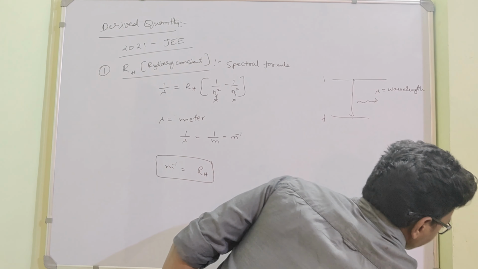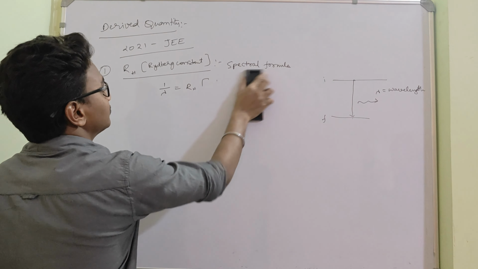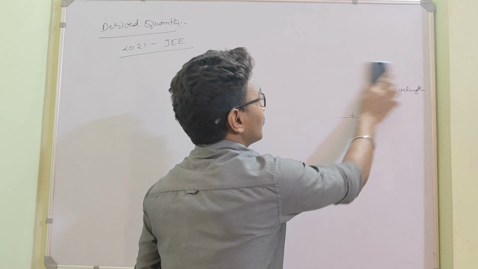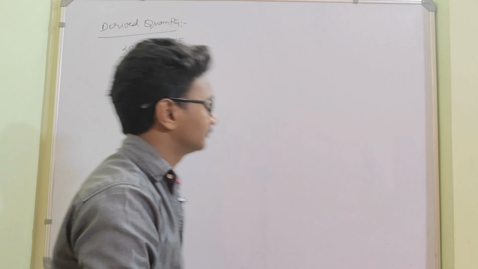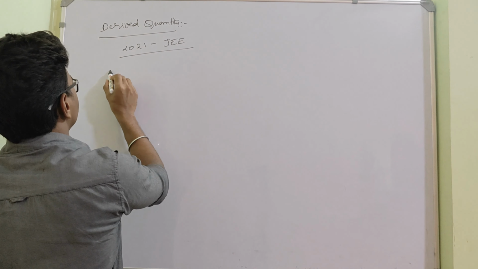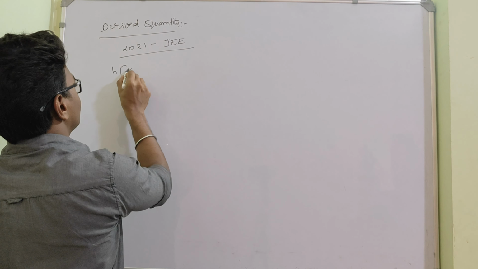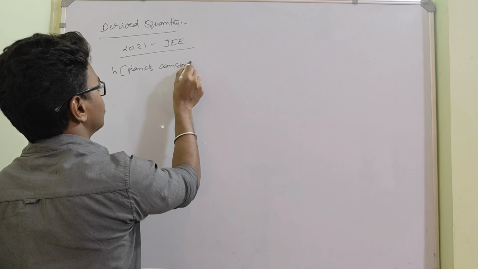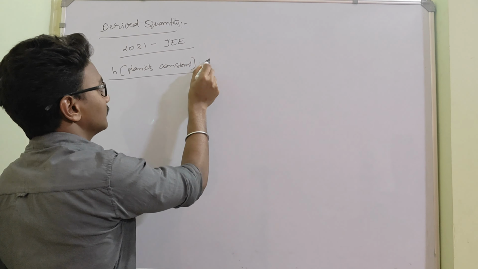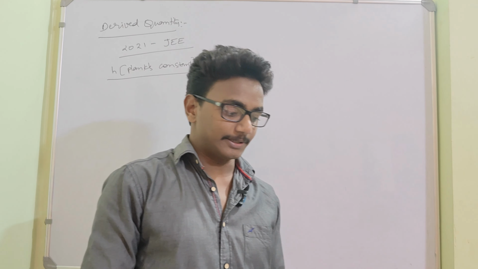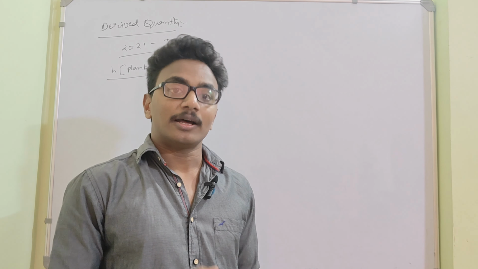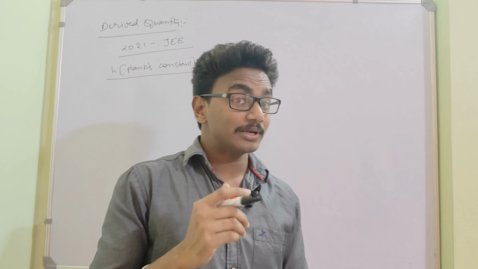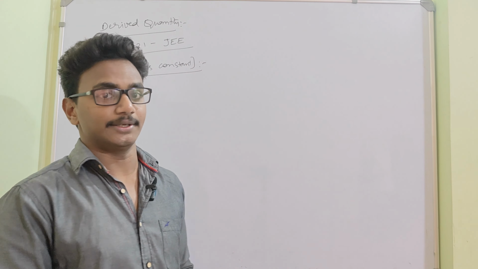Let's see another quantity, Planck's constant. SI units of Planck's constant. If you want to know the units of Planck's constant, we must know the formula in which it is included.